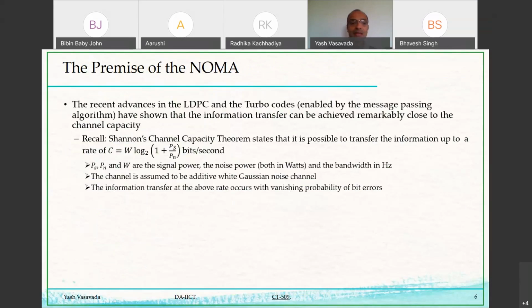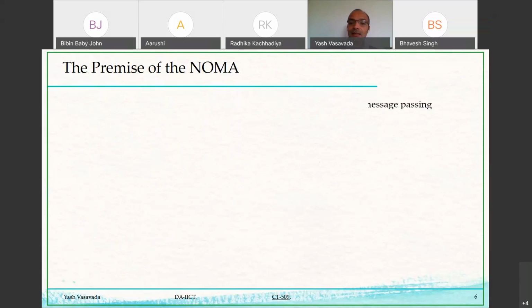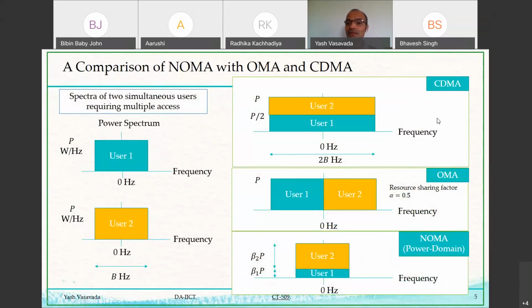The main argument of NOMA is the channel coding argument. What NOMA says, unlike what CDMA and OMA designs do, is that all the communication systems these days use channel coding.